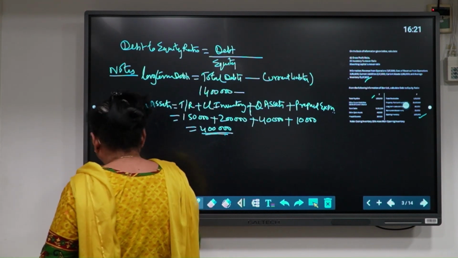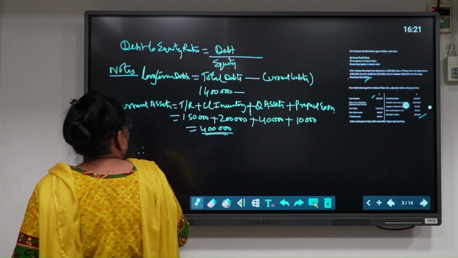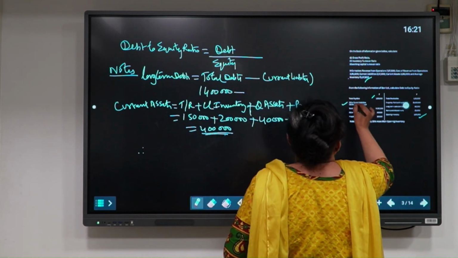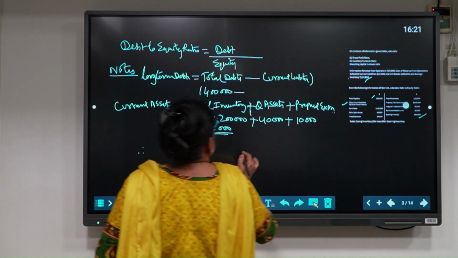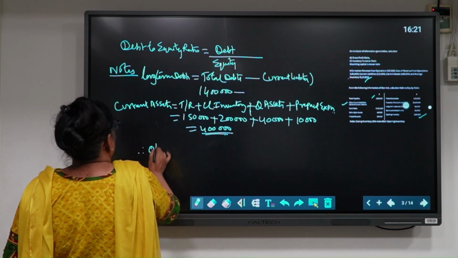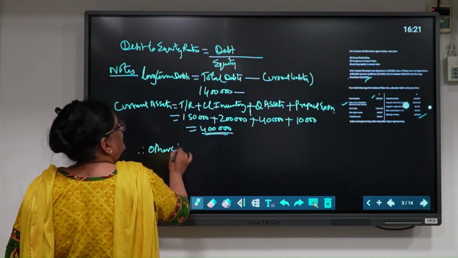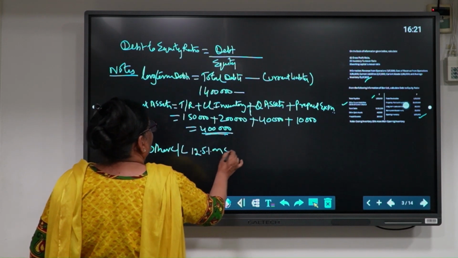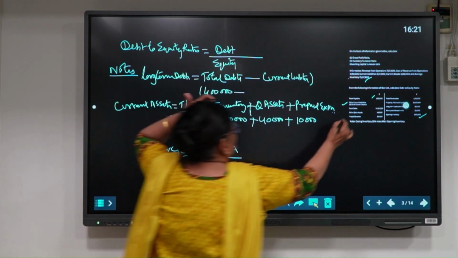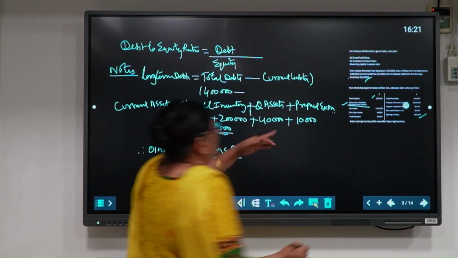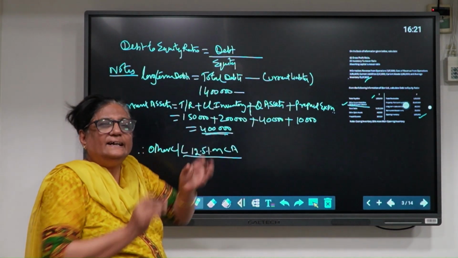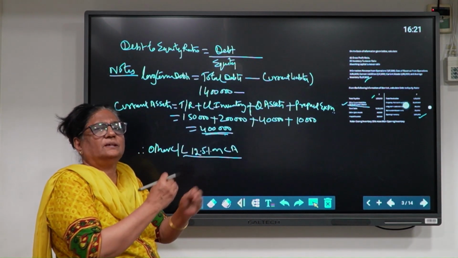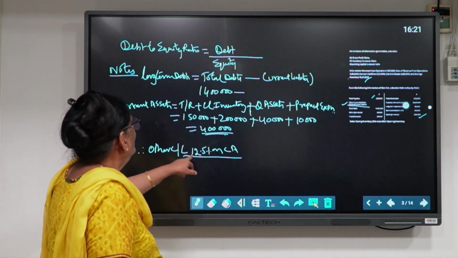Current liabilities are how much now? Current assets we have got. Now, they have told this point, which is very important: other current liability is 12.5% of current assets. See here the words 12.5% of current assets. There are little complications, but if you go slowly, step by step, you will follow them.